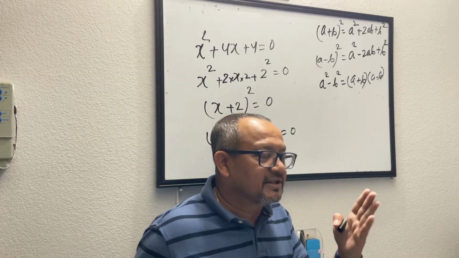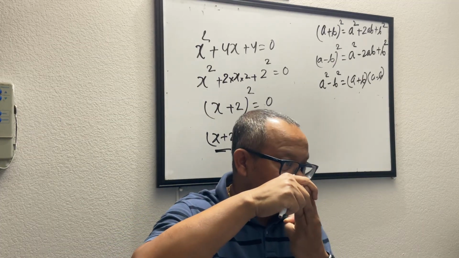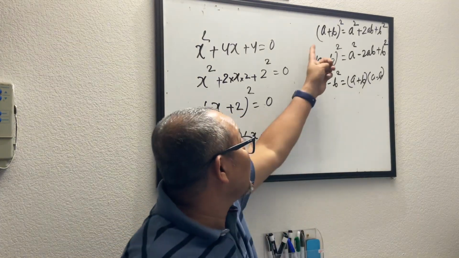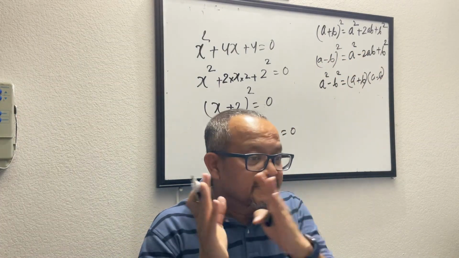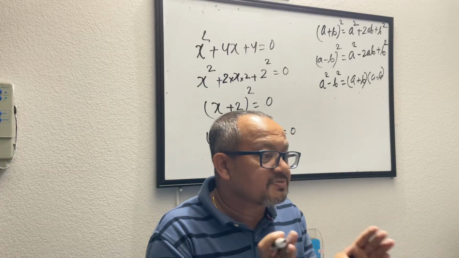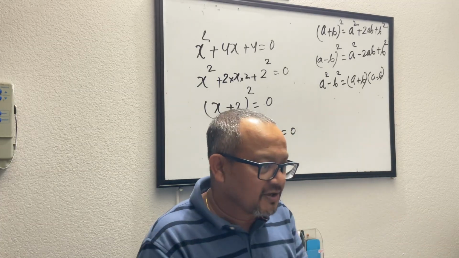See, there are 3 methods that you can use for solving a quadratic equation. One is this, by aligning it with one of these formulas. Second is by mapping it to the standard form of the quadratic equation, ax squared plus bx plus c, where you multiply the a and c. We'll come to that, okay?